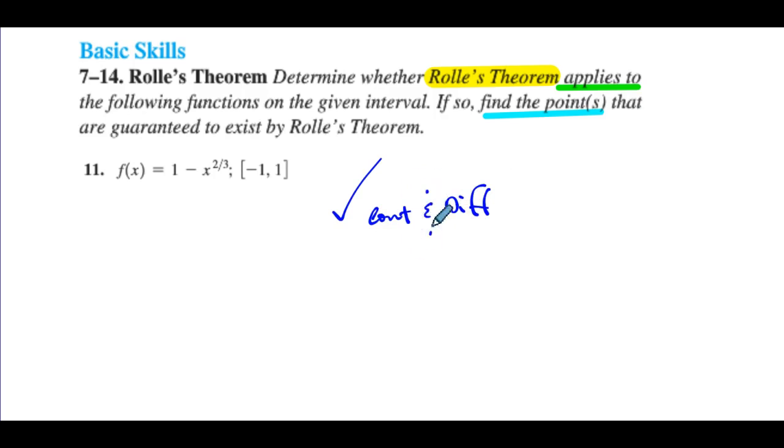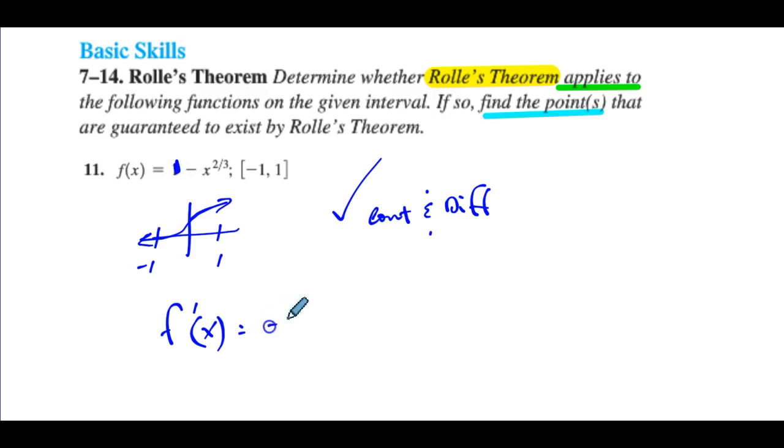So continuous, yeah, this graph is a cubic graph and it's shoved up 1 unit. You can graph it, just see if it's continuous. But I'm only interested in the interval from -1 to 1. So I think it's continuous. Differentiable means if I find the derivative of this thing, well, the derivative of 1 is just 0.